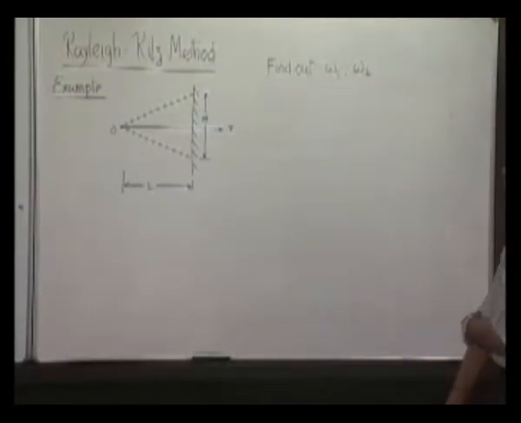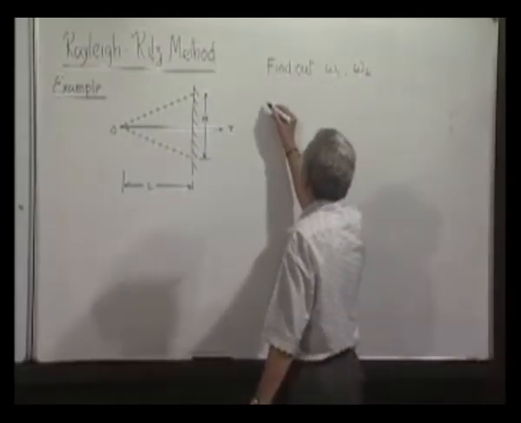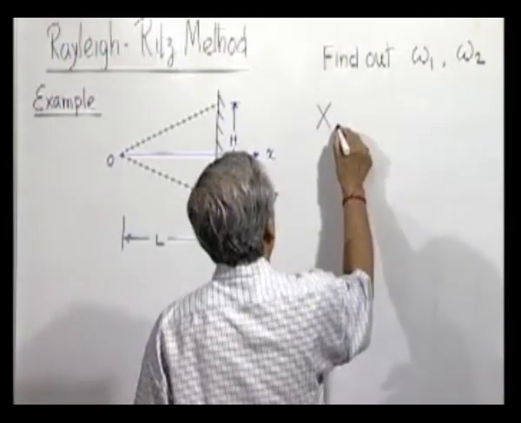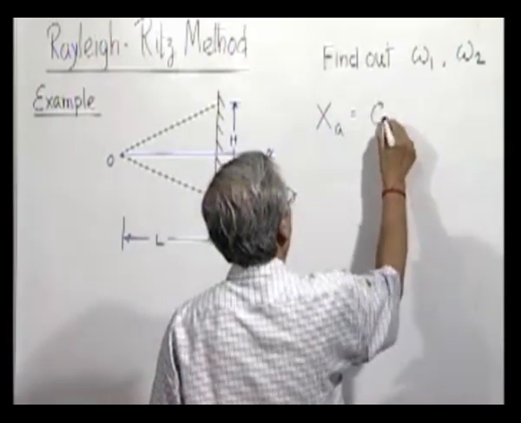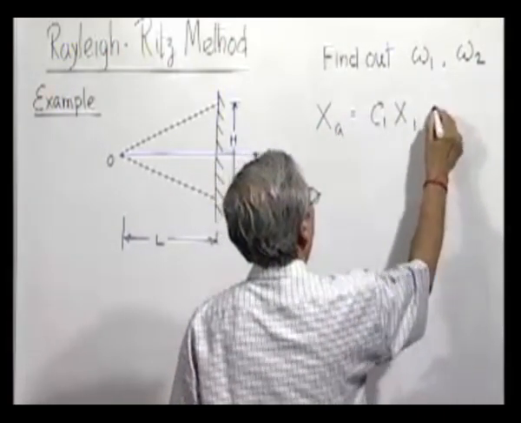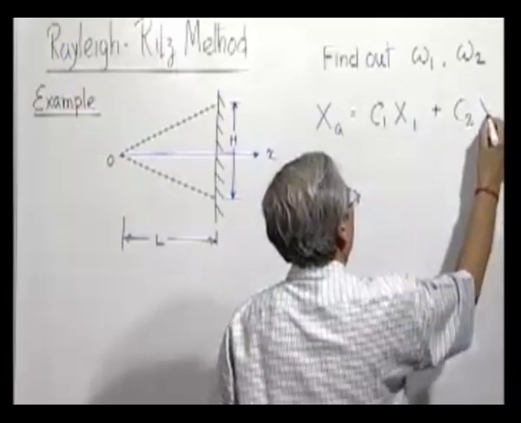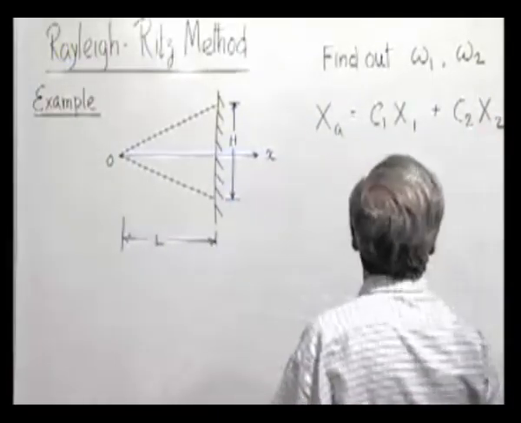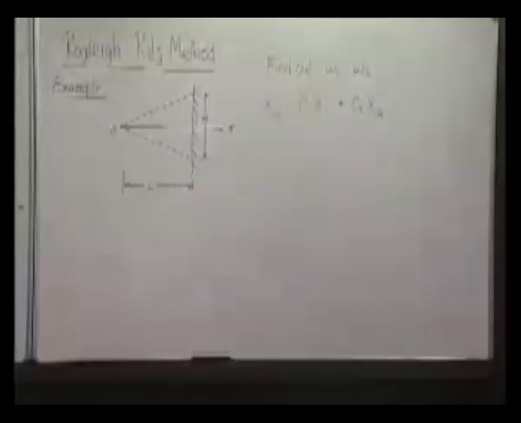So therefore we would need only two terms in the expression for x, like this. And x1 and x2 should satisfy the boundary conditions, at least the geometric ones.